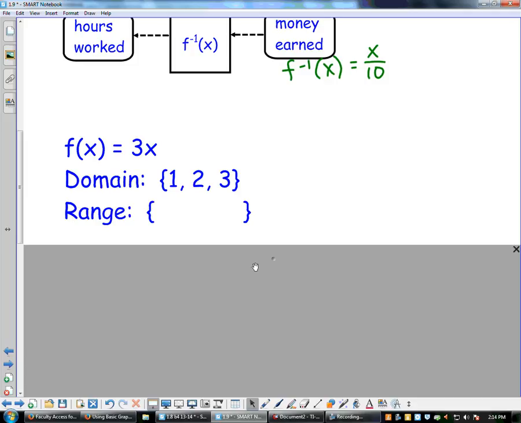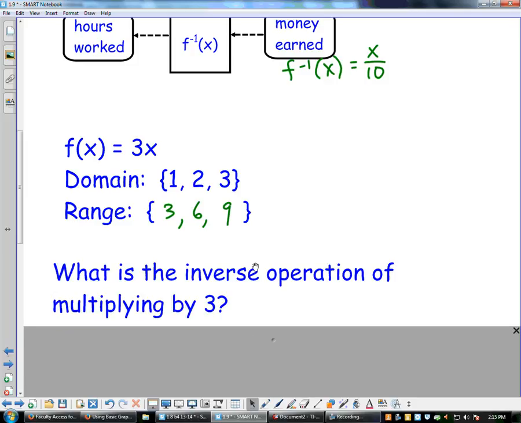Okay, if the domain for this function is 1, 2, and 3, what would the range of this function be? Michael M. All right, so the range would be 3, 6, and 9, because if we plug in 1, we get 3, plug in 2, we get 6, and so on. So what is the inverse operation of multiplying by 3?